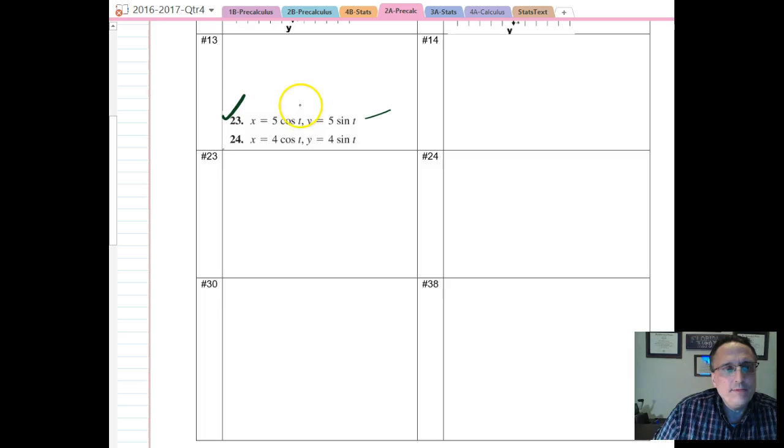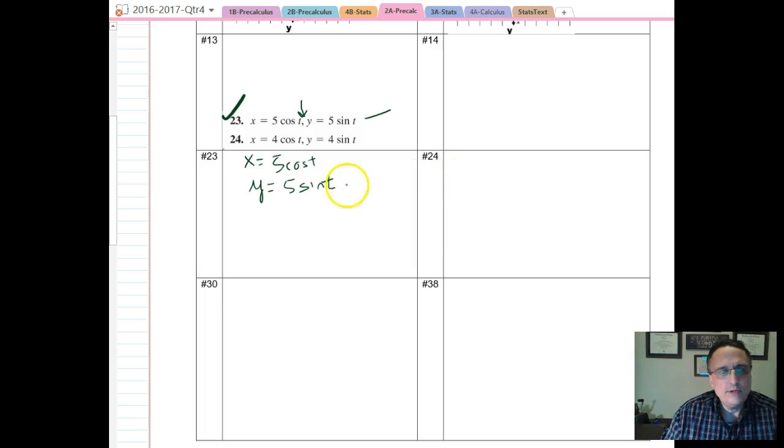And our job is to eliminate the t variable. So these are my two equations. x equals 5 cosine t, and then I've got y is equal to 5 times sine t. Well, the key to eliminating the t variable here is to remember our trig identities.